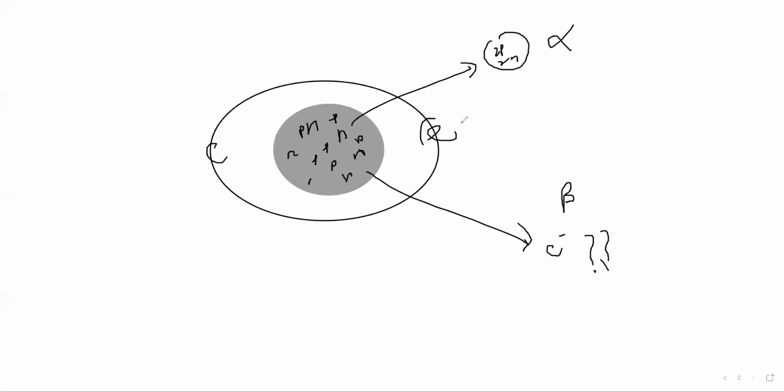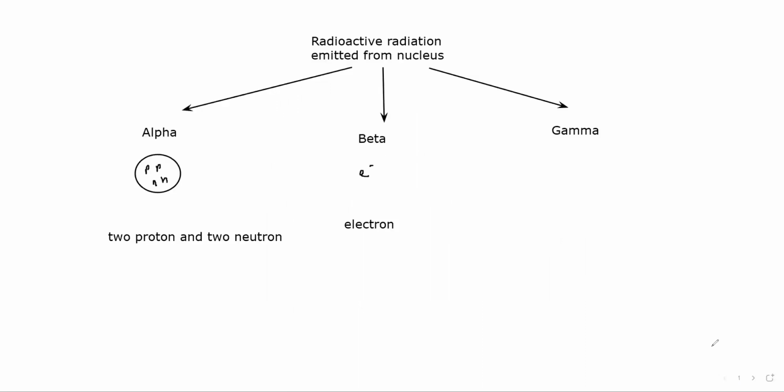This electron is emitted from the nucleus. Not the outer shell electrons, which are in the orbit; the beta is always emitted from the nucleus. So it's not the electrons outside the nucleus, but this electron is specifically emitted out from the nucleus.